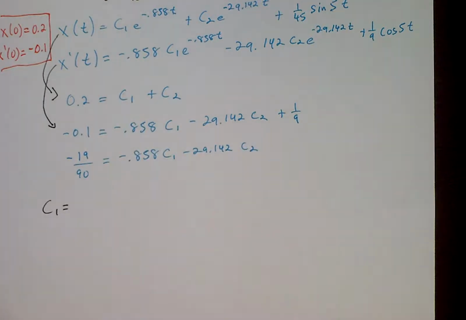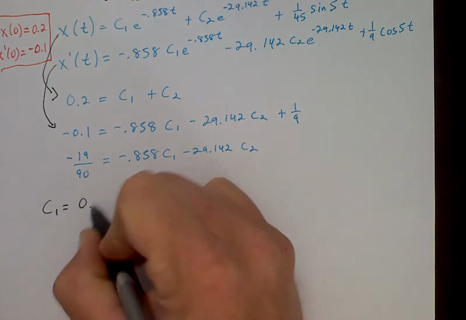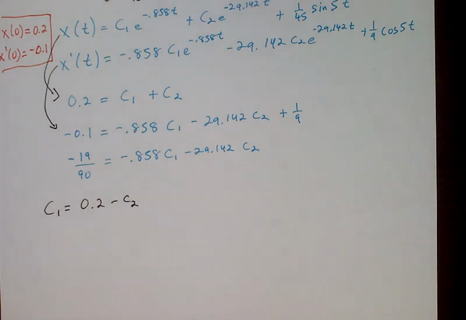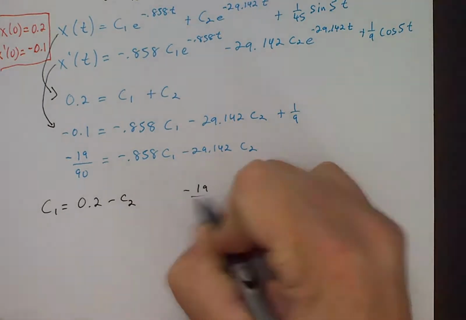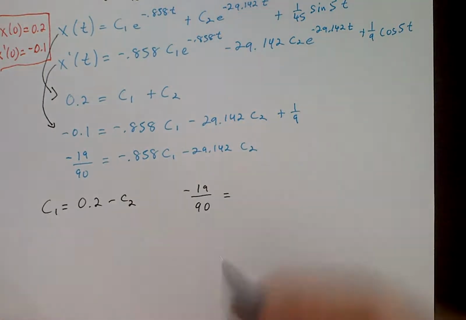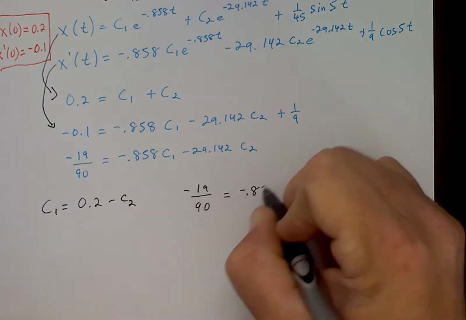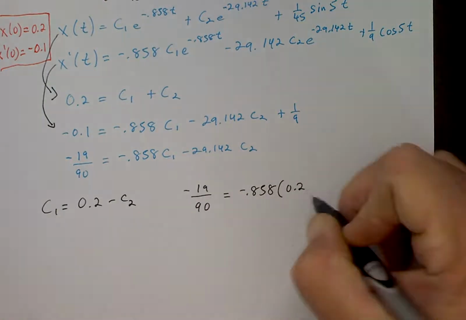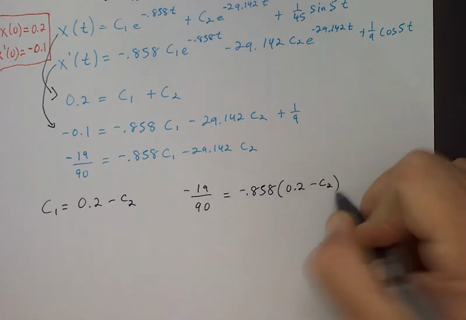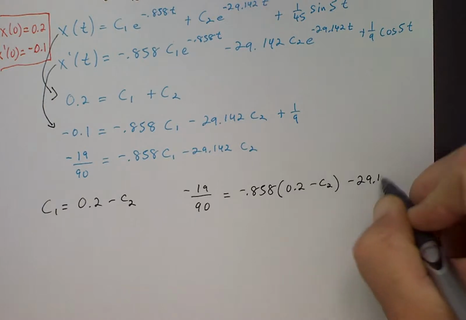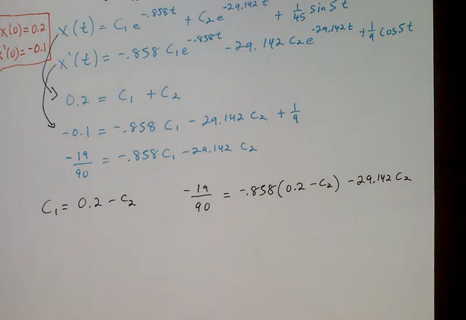C1 would equal 0.2 minus C2. And then I plug that in to this one. So negative 19 over 90. And you're just solving from there. I'll show you what I did.